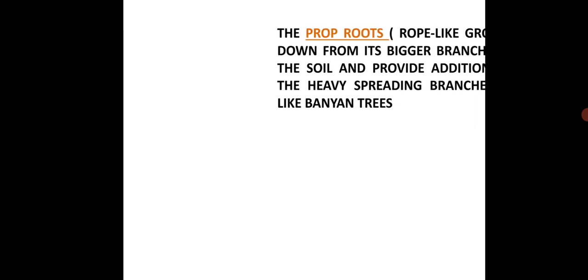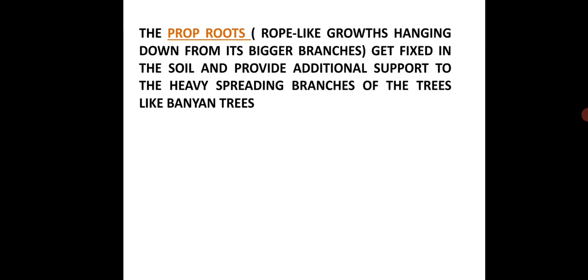Look at a banyan tree. You will find rope-like growths hanging down from its bigger branches. These rope-like growths are called prop roots. These prop roots get fixed in the soil and act like pillars to provide additional support to the heavy spreading branches of the banyan trees.